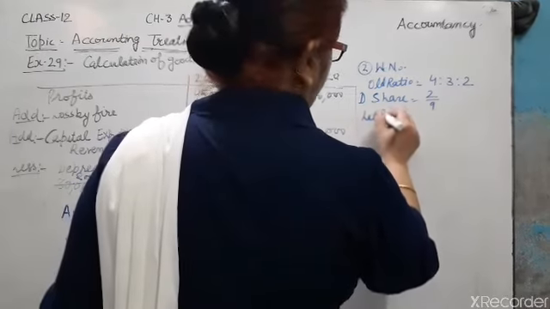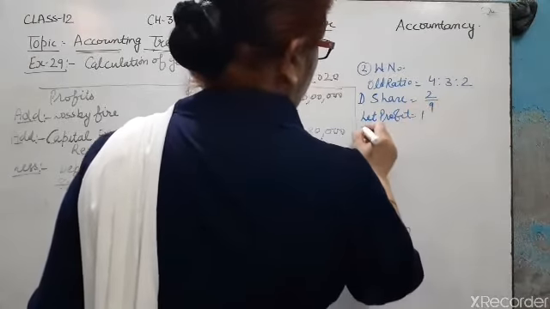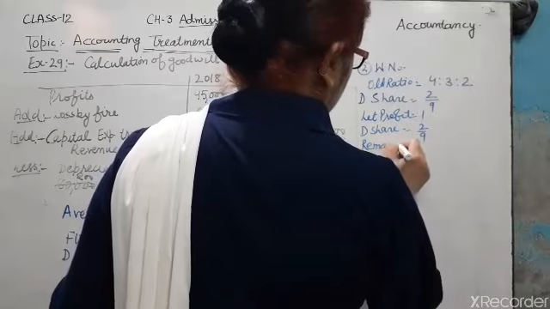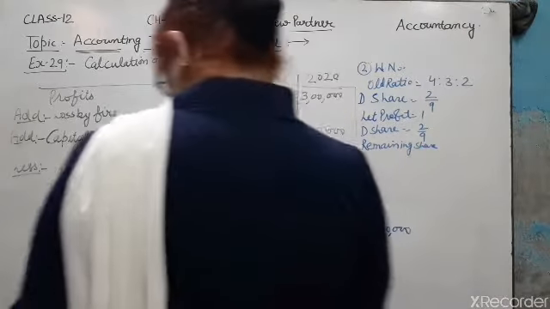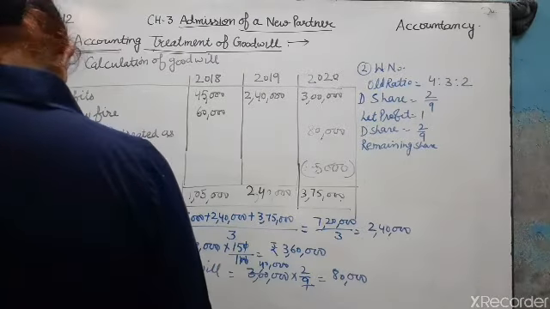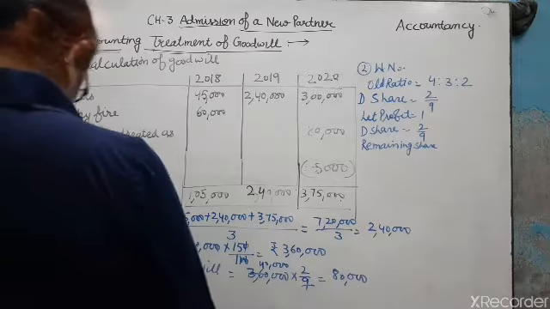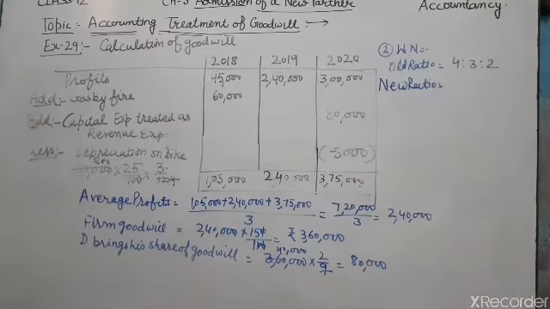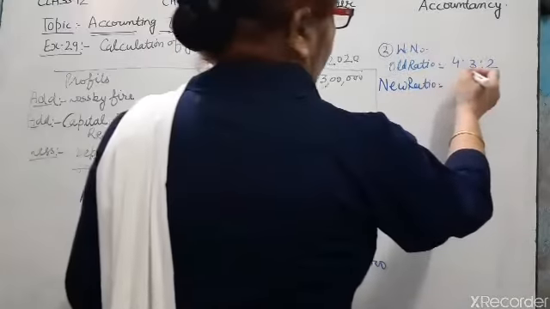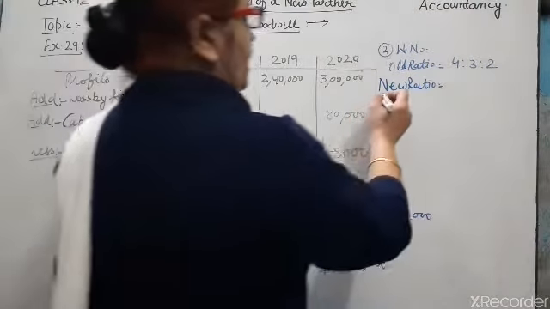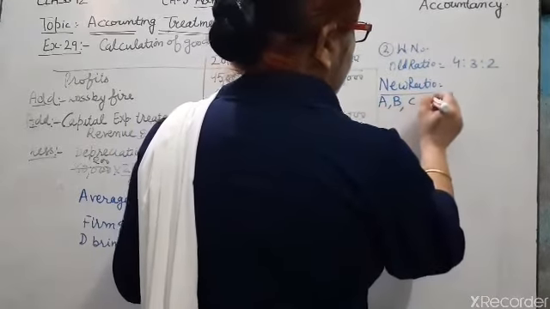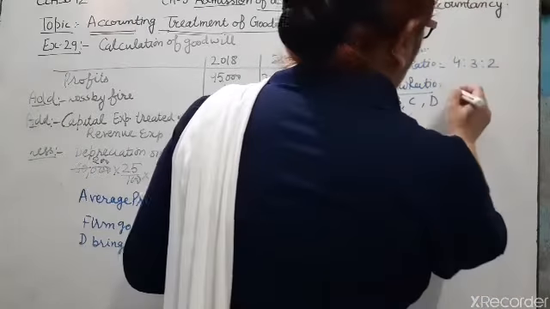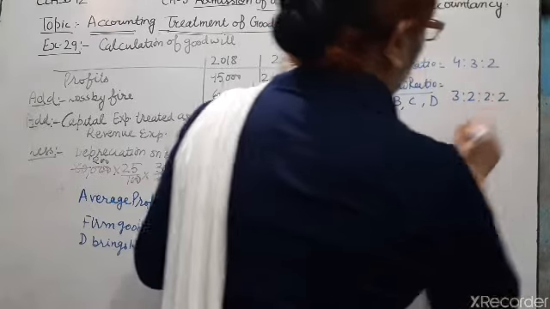So let total profit be 1. D's share is 2/9, and the remaining share is shared by the old partners. The old ratio of A, B, C is 4:3:2 and the new ratio of A, B, C and D is 3:2:2:2.